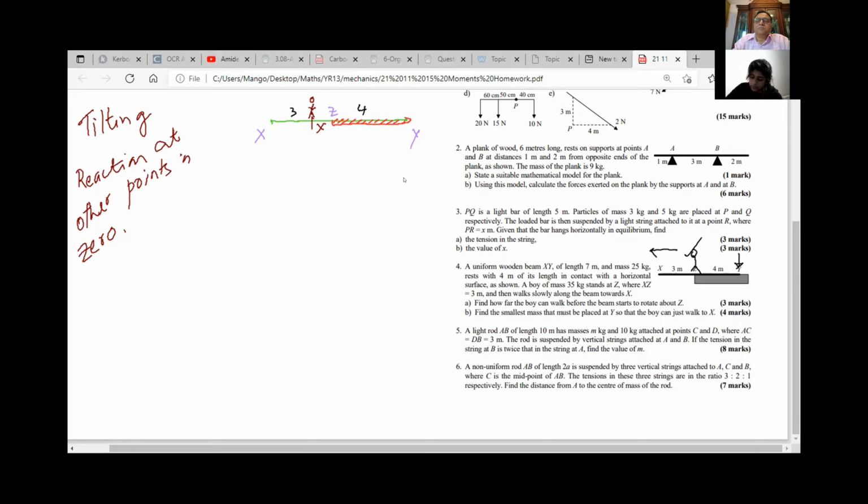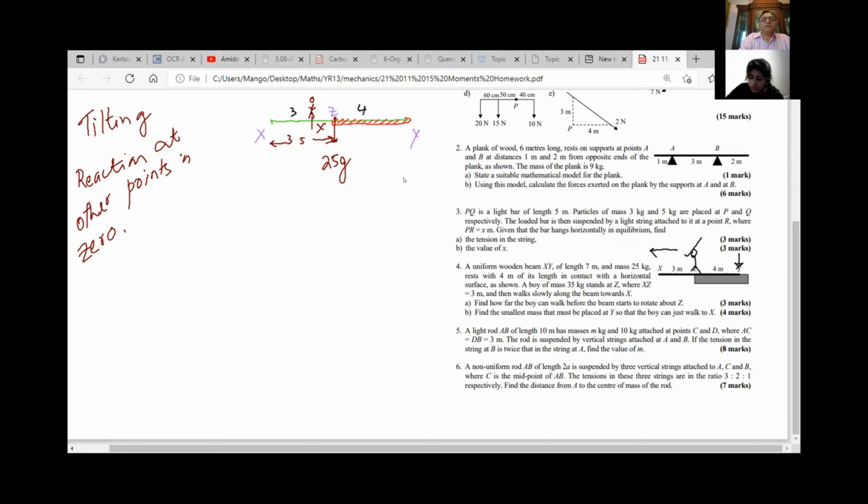Now we have a wooden beam whose mass is 25 kg, and since it is 7 meters long, its weight acts at 3.5, the midpoint. So this is 25 g, and this distance is 3.5. That is the weight acting.